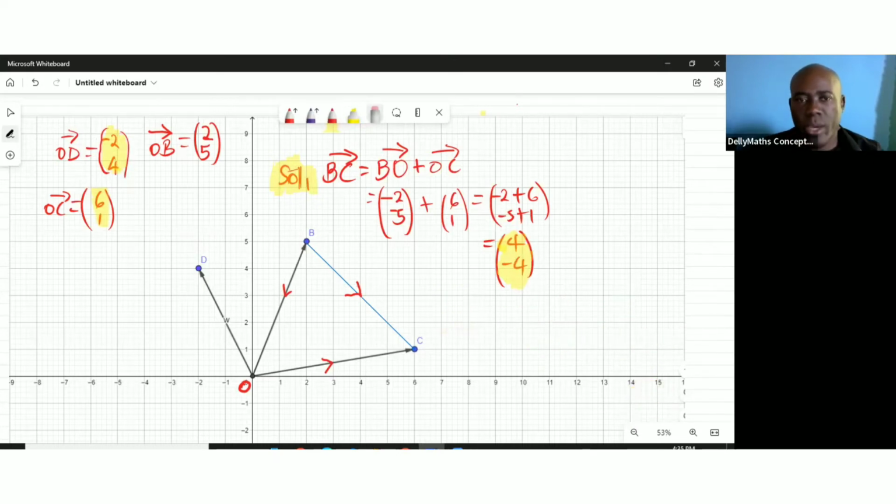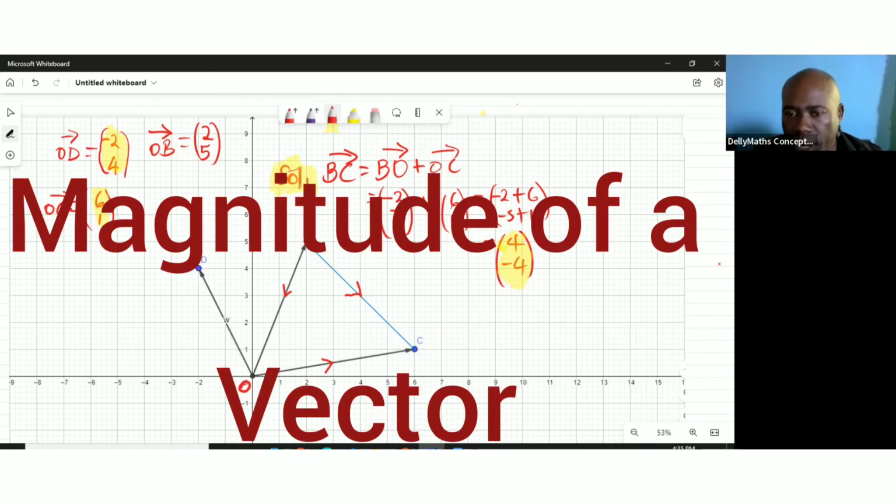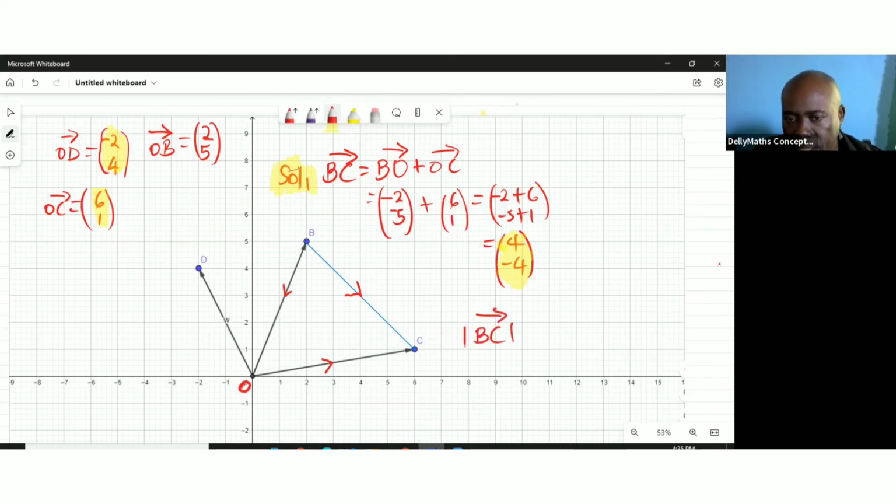Now, what if the question wants us to find the magnitude of BC? So it would be written, we want to find magnitude of BC.